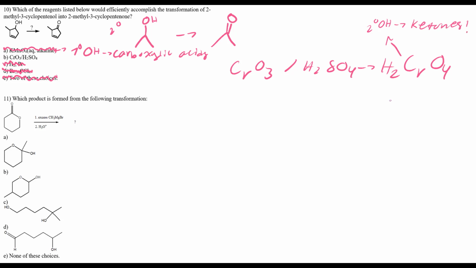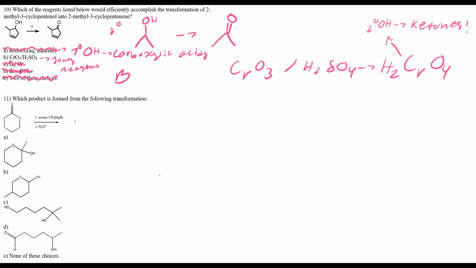So you would actually use the Jones reagent. This is called a Jones reagent. So the answer would be B. Remember that potassium permanganate makes primary alcohols into carboxylic acids.